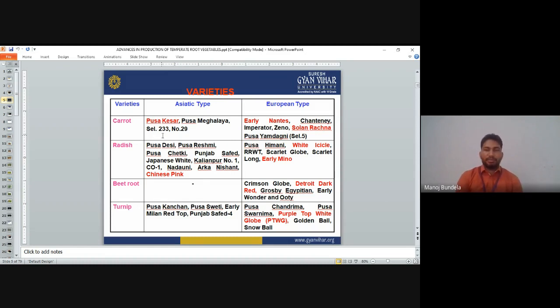European type varieties: Pusa Chandrima, Pusa Swarnima, Purple Top White Globe, Golden Ball, and Snowball. There are two types of varieties, Asiatic and European, in carrot, radish, beetroot, and turnip.